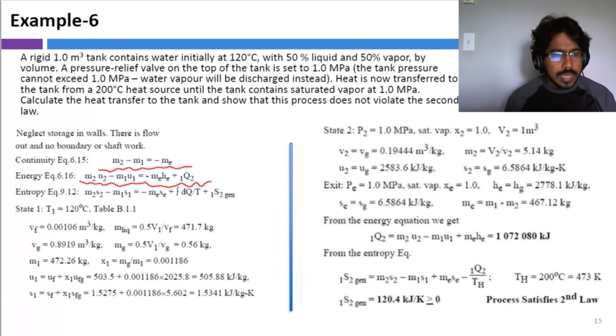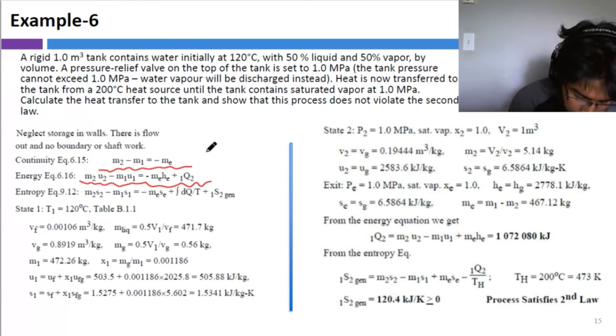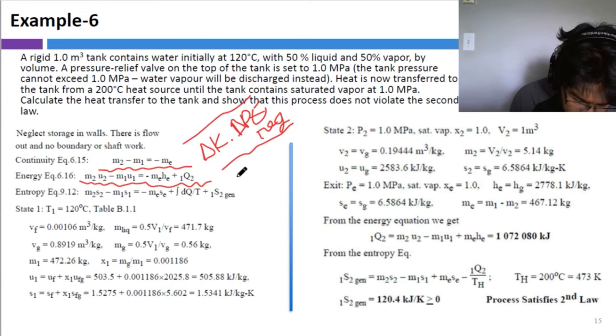then you can say there's no work done during this process, the kinetic and potential energy differences are negligible, and there's no mass inflow, right? So delta KE and delta PE are negligible, that is one assumption.